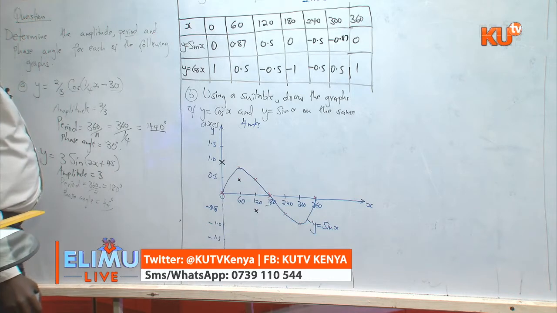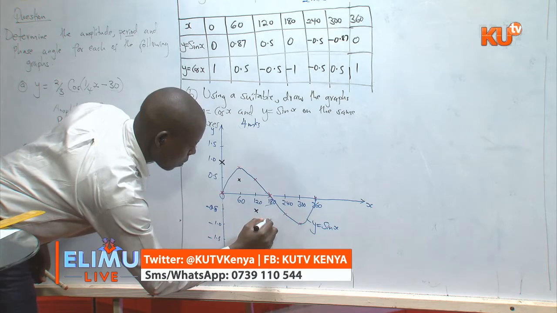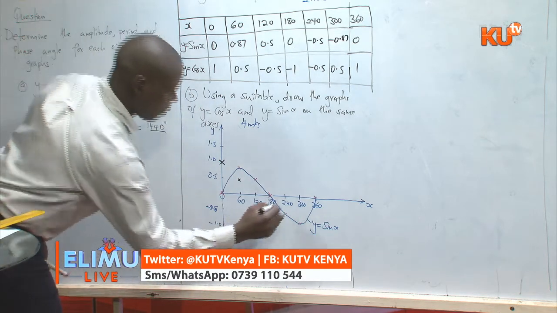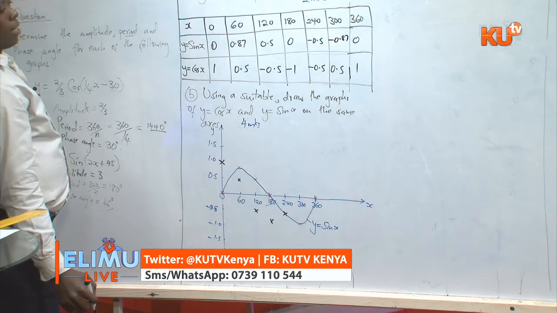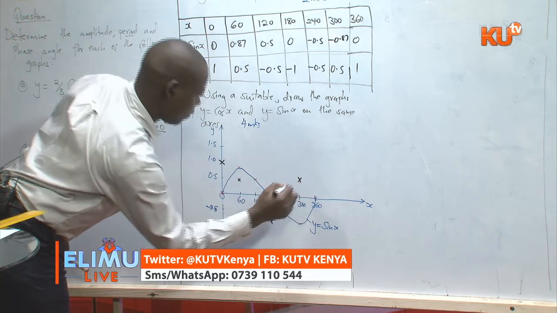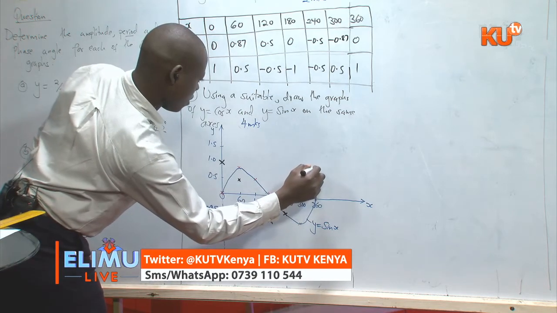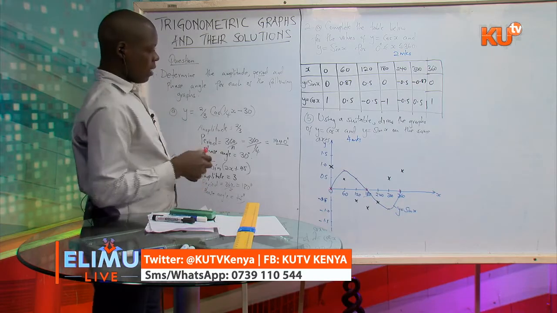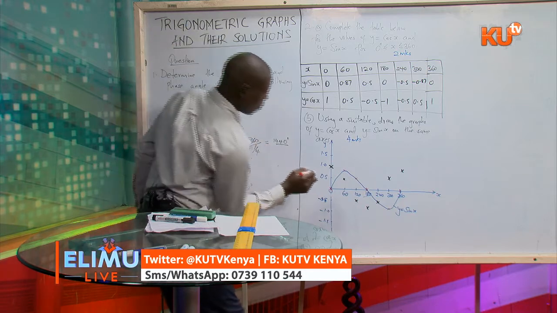When it's 180, that is negative 1. 240, negative 0.5. 300, 0.5. And 360, 1. Again, we draw the graph by joining those points. It has to be a smooth curve.